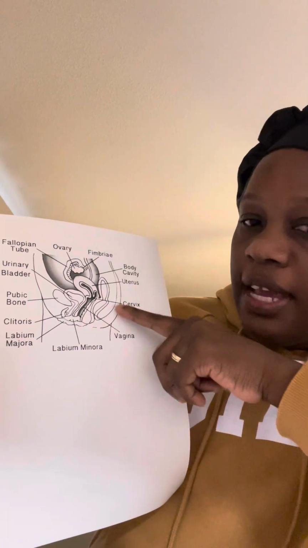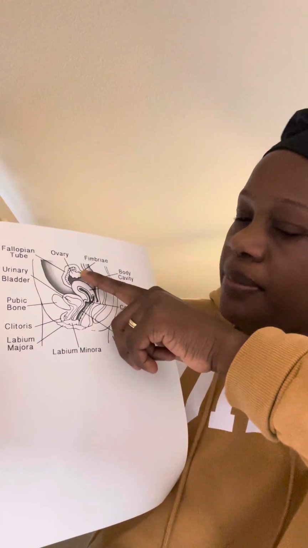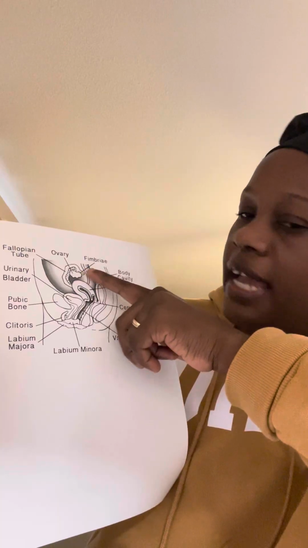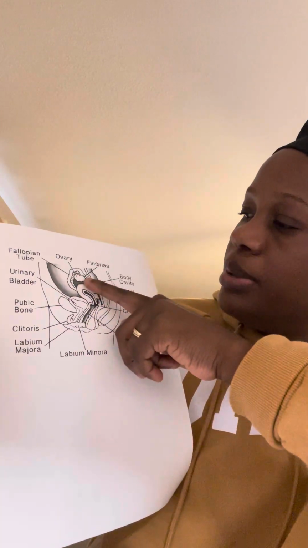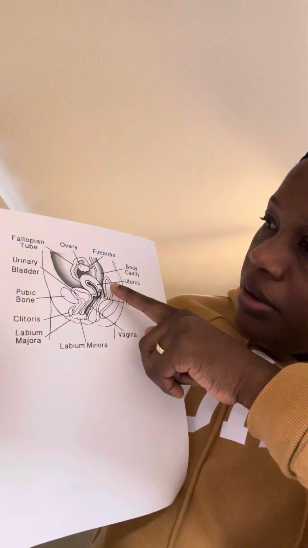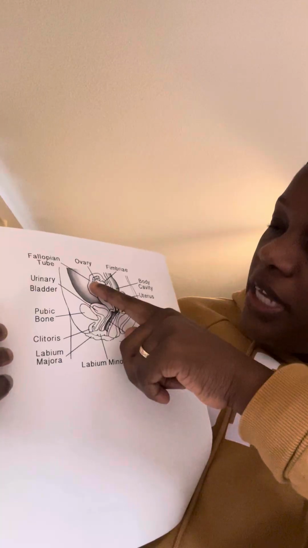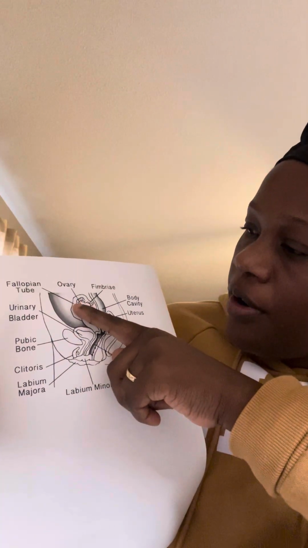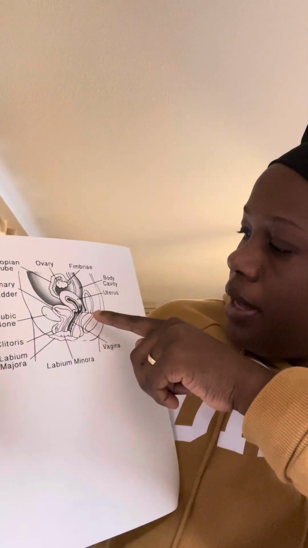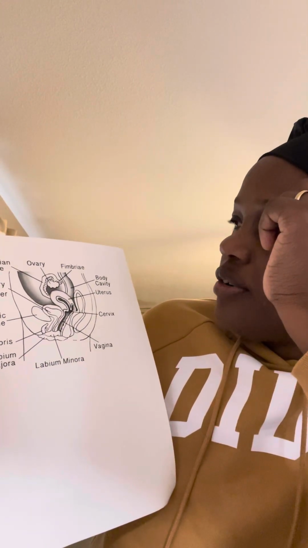And then we have the fimbriae, which sweep the oocyte, or the egg, into the fallopian tube. We have the fallopian tube here, which is the site for fertilization.